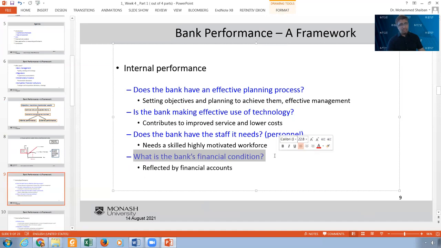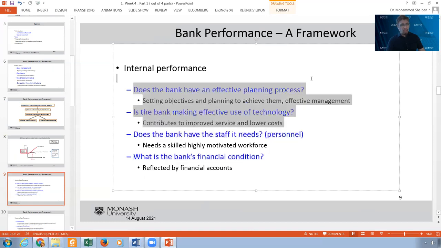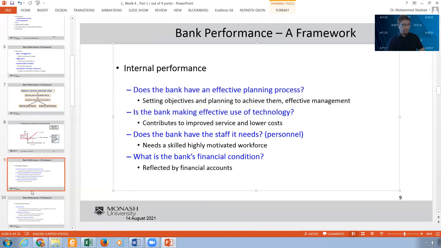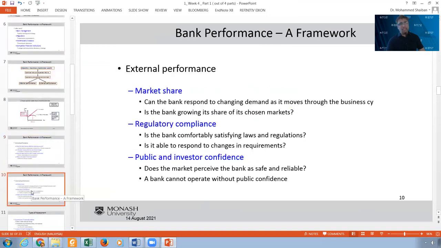This is actually what we usually used to think about as performance. But now, we have to take all these issues into the picture, including in the analysis.